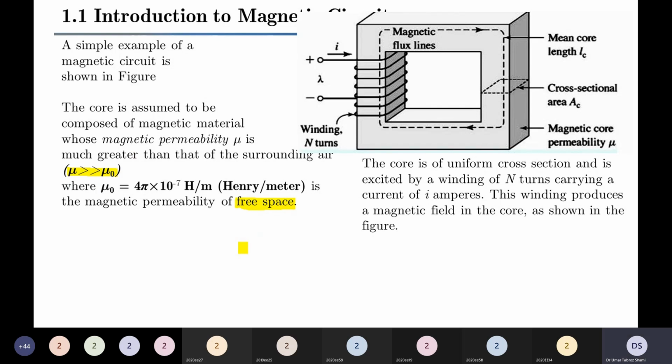High permeability materials are those whose permeability is much larger than 4 pi times 10 to the power minus 7 Henry per meter. So how do we find the permeability of a given material? We multiply the relative permeability of the material with mu naught, and we get the exact permeability of the material.